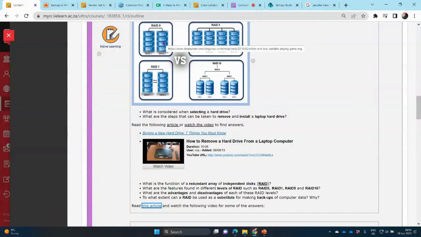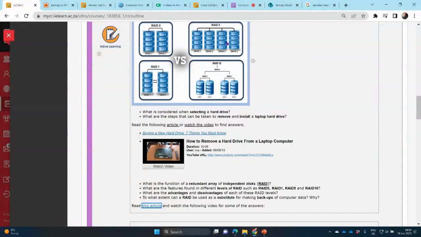The advantage of doing such a thing is it's going to increase the read-write speed. In other words, it's faster to read and write from 2 drives than it is from 1 drive. Disadvantage of doing this is if one of these hard drives fail, all of my information is gone because it's not fault tolerant. Fault tolerant means I've got a backup.